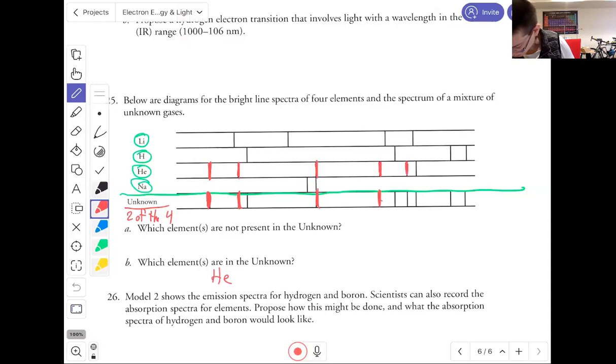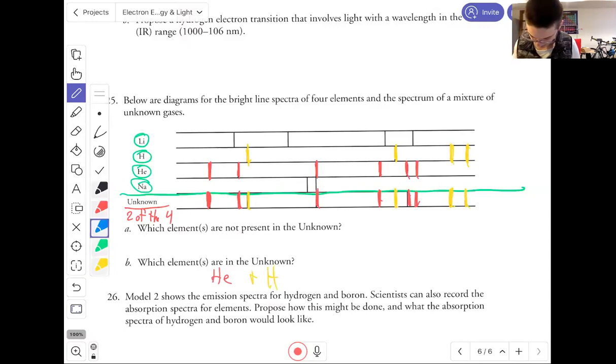But is helium the only thing in the unknown? No. So I've got to figure out who is giving me this line. Hydrogen. And then I need to verify that all of hydrogen's lines are present in the unknown, and they in fact are.